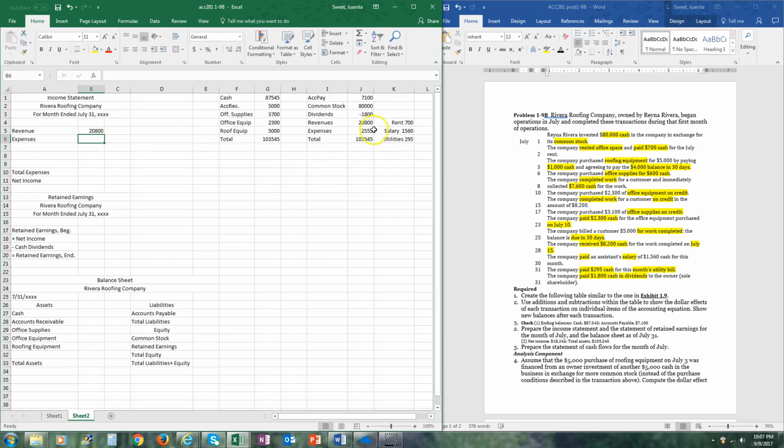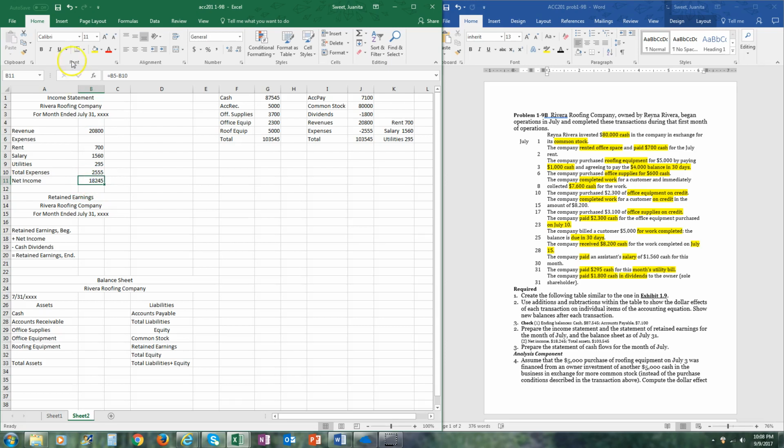Our expenses, we could just list the lump sum, or we can go ahead and list them each separately, where we had rent, salary, and utilities, listing each amount. Our total expenses were $2,555.